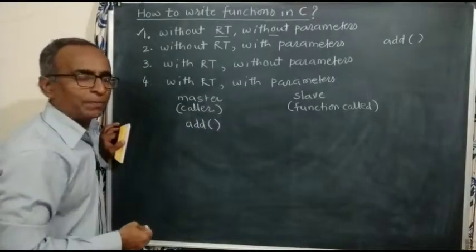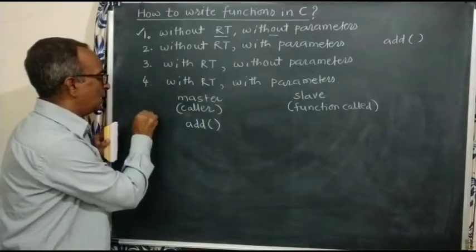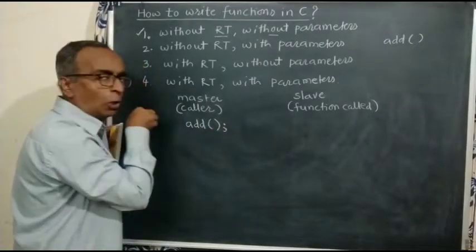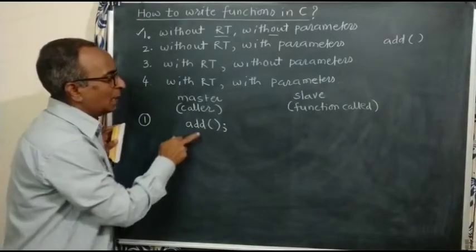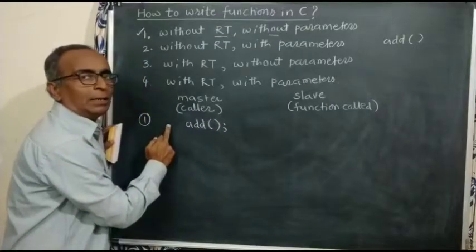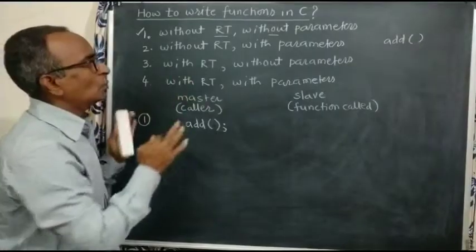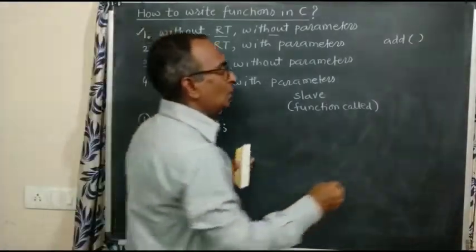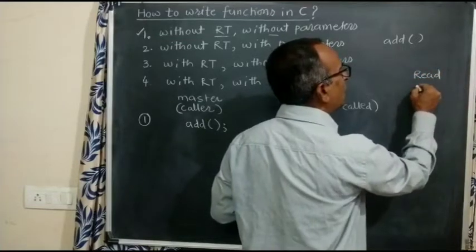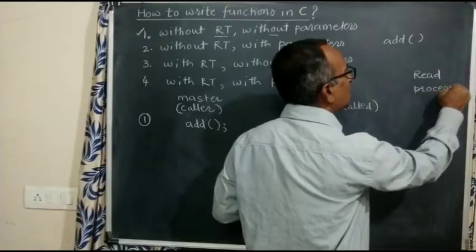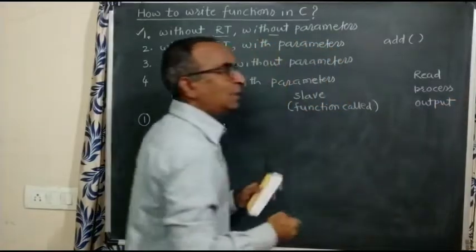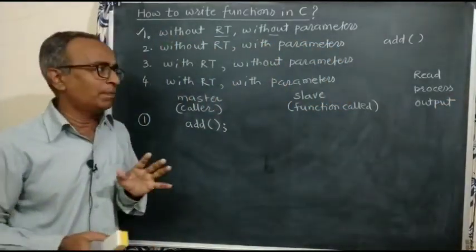Whenever the call is given in the master or caller, it is not sending anything and it is not expecting anything. Whenever you see these four types, look for these three processes that are required: read, process and give output. These three tasks have to be done for any program.